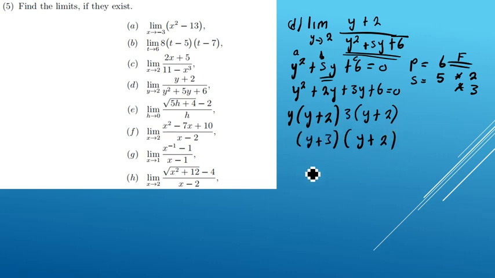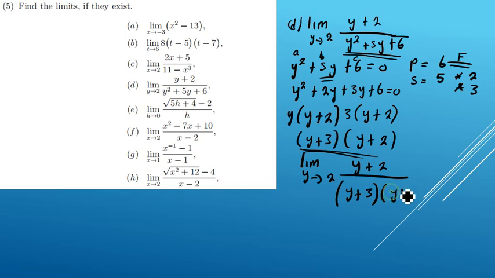Now we can get back everything as it was. We had the limit as y was approaching 2 of (y plus 2) over what we calculated here, (y plus 3) times (y plus 2).